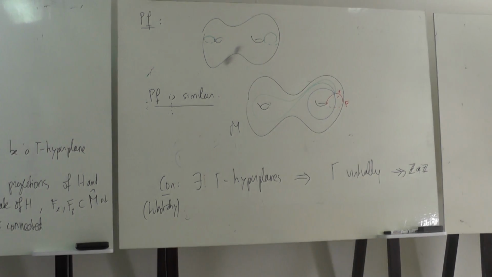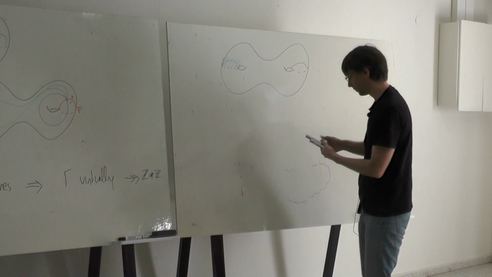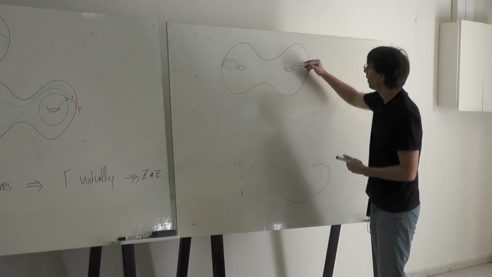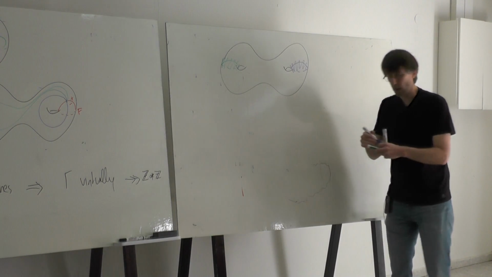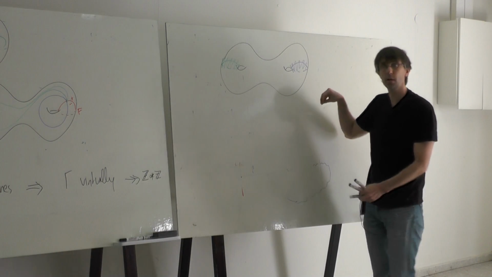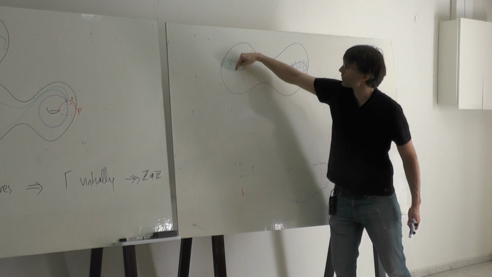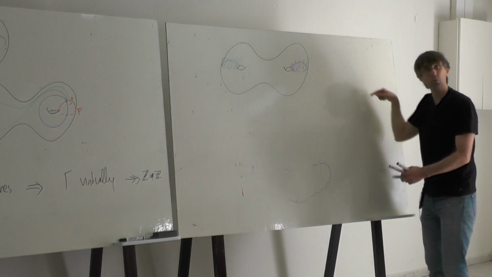Then you can take a tubular neighborhood of these and retract everything outside the tubular neighborhood to a point and send the curve transverse to the surface to a loop.